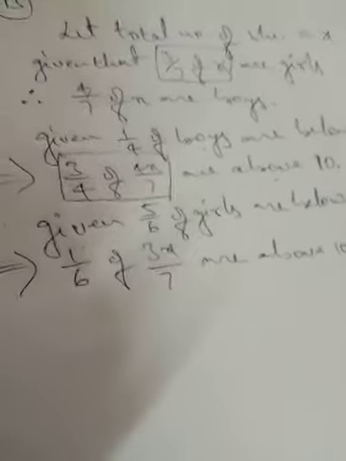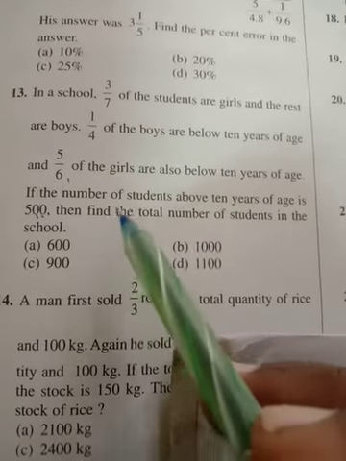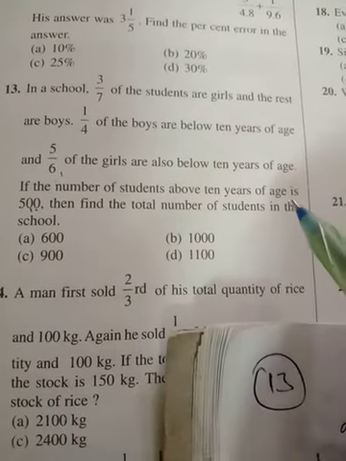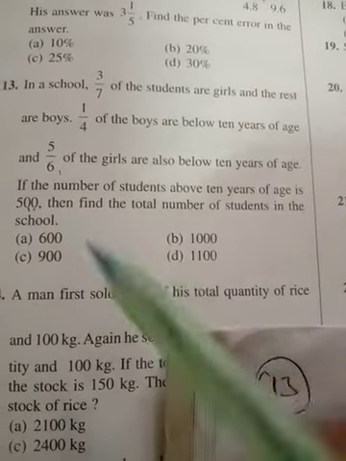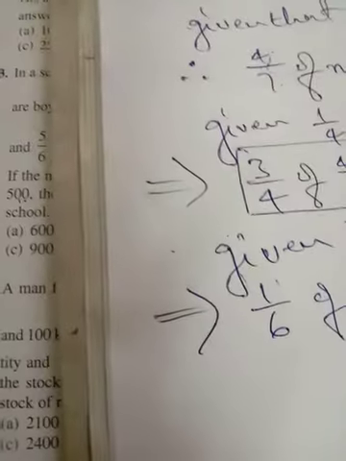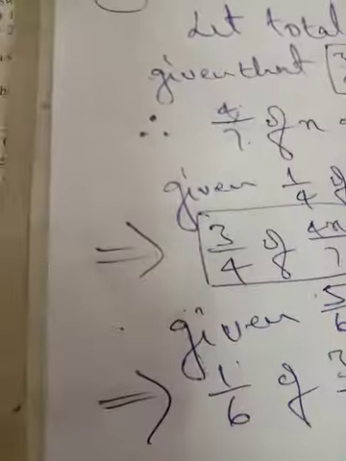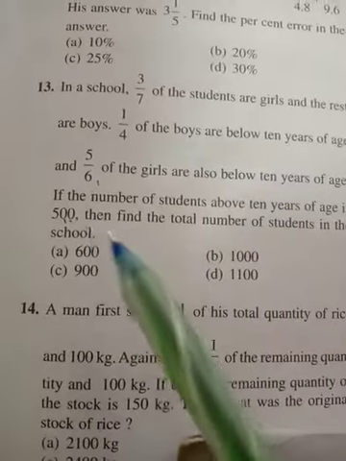Both of them we have to add, because he gave another piece of information. The third information is that the number of students above 10 years of age is 500. He didn't differentiate between boys and girls; both genders are present in this 500. So we have to add it.